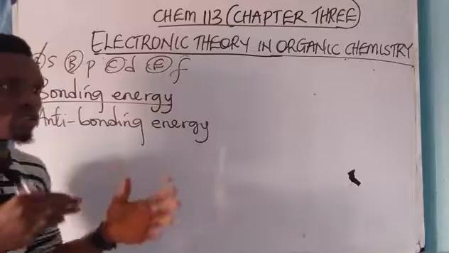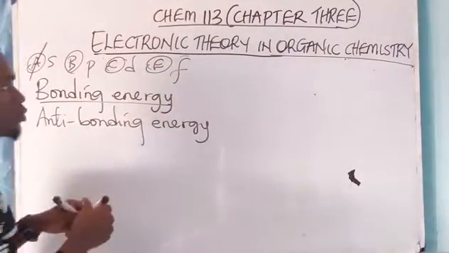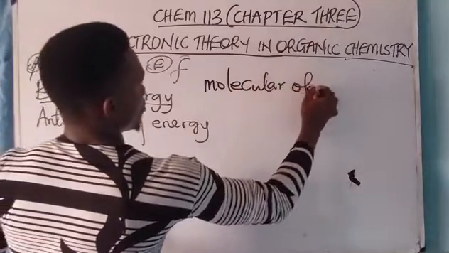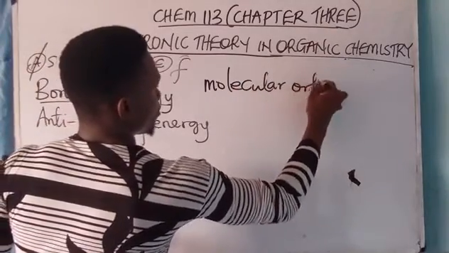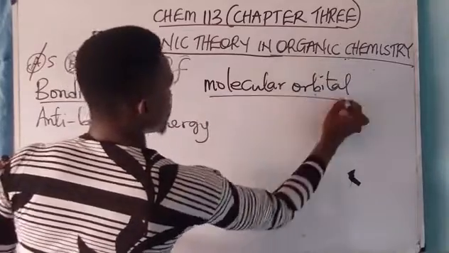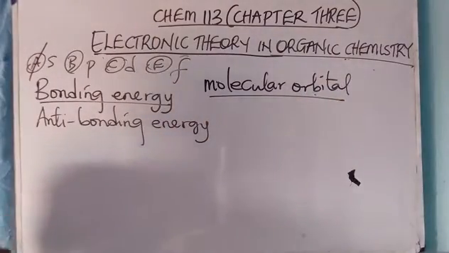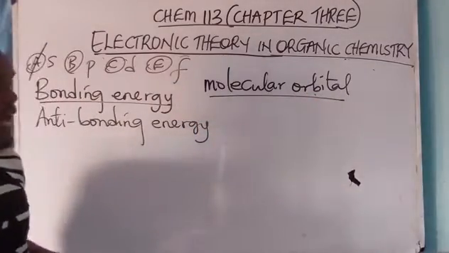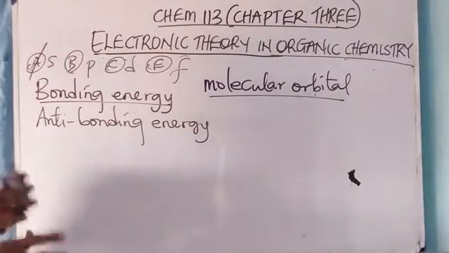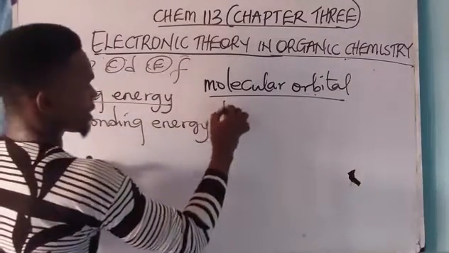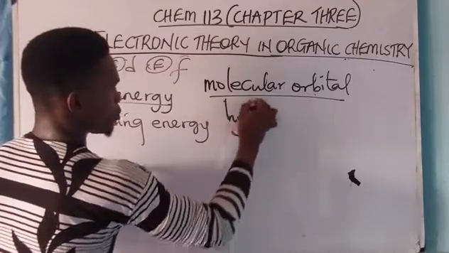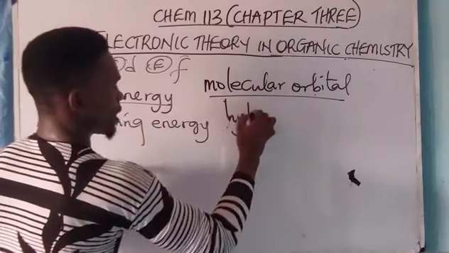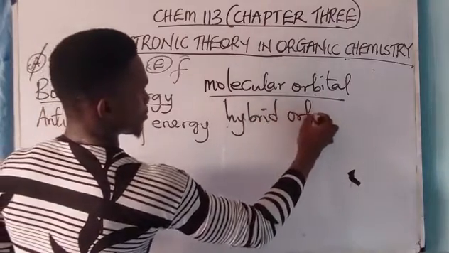Please, the mixing of 2 or more atomic orbitals results in what is called a molecular orbital. Please, hybridization is a mixing of 2 or more orbitals to produce what? A hybrid. To produce a hybrid orbital.